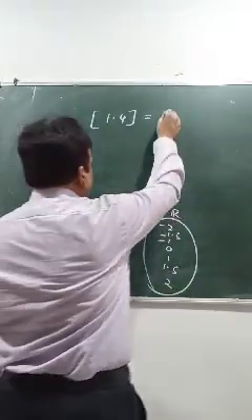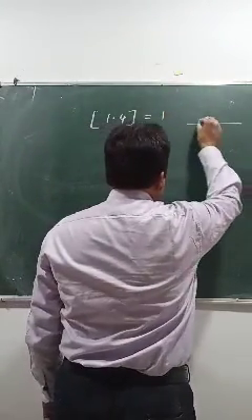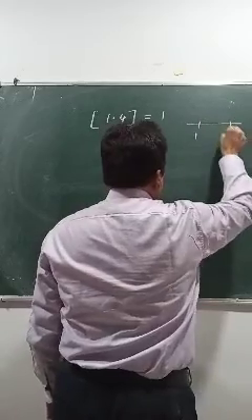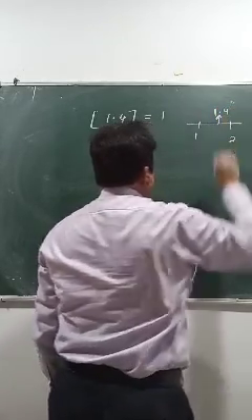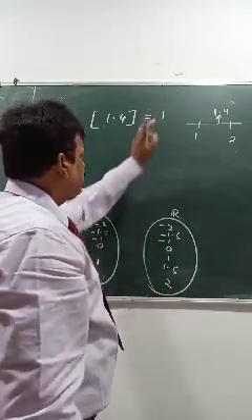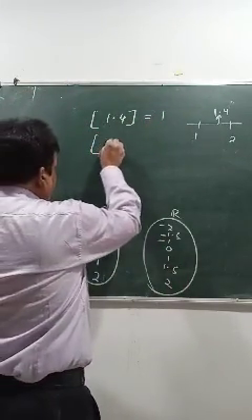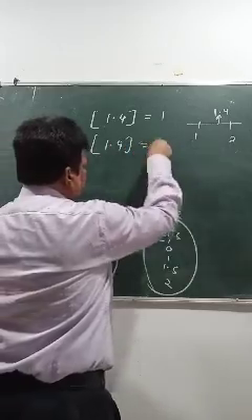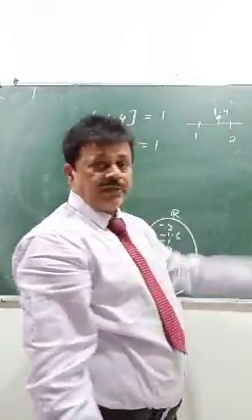The value will be 1 because 1.4 lies between 1 and 2. What about 1.9? That is also 1 because 1.9 lies between these two.